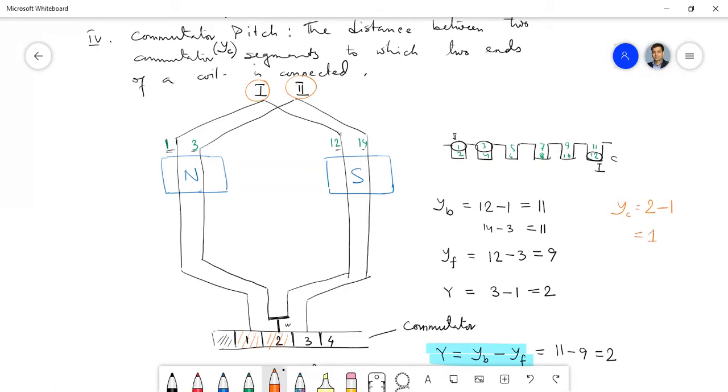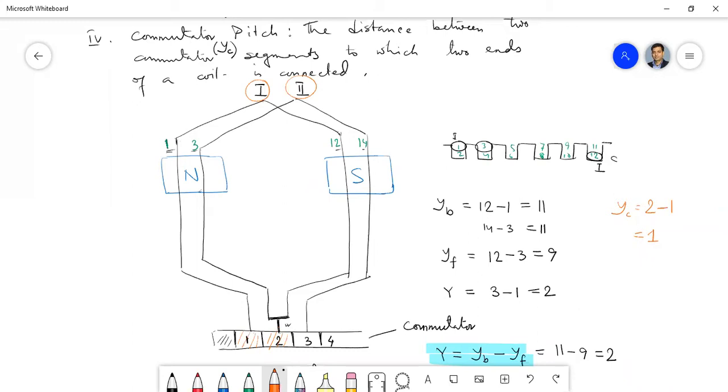This is not measured in terms of coil sides, because coil sides are used for the other three terms, that is the winding pitch, back pitch and front pitch, and commutator pitch is measured in terms of commutator segments. Okay, and I also told you that this type of winding is called the progressive winding, where the commutator pitch becomes positive, that is plus 1.